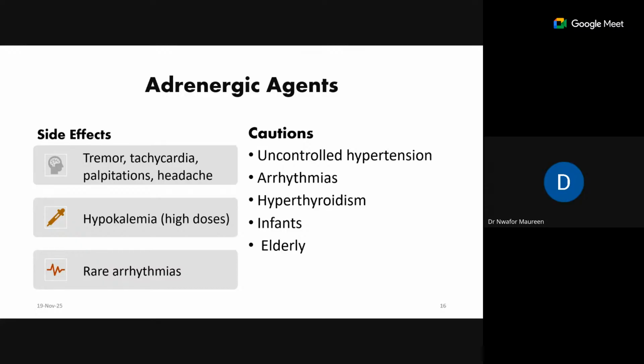If you will be managing a patient with hypokalemia, with potassium around 2 or even 1.9, then albuterol should not be your best choice to manage that patient's airways. Even if you're going to use it, you should be very, very cautious on the dose, because a high dose of albuterol, salbutamol, can worsen that patient's hypokalemia.